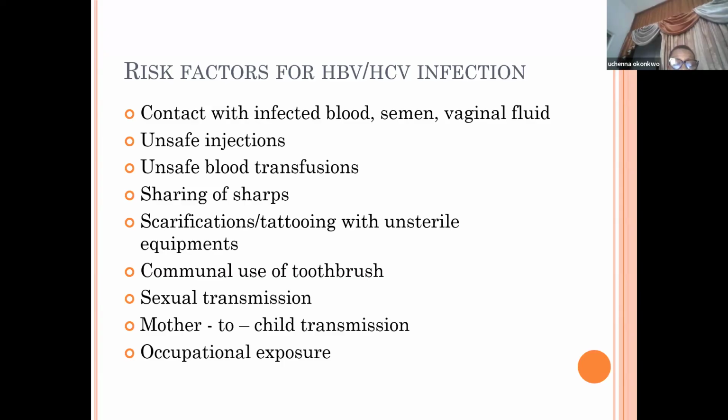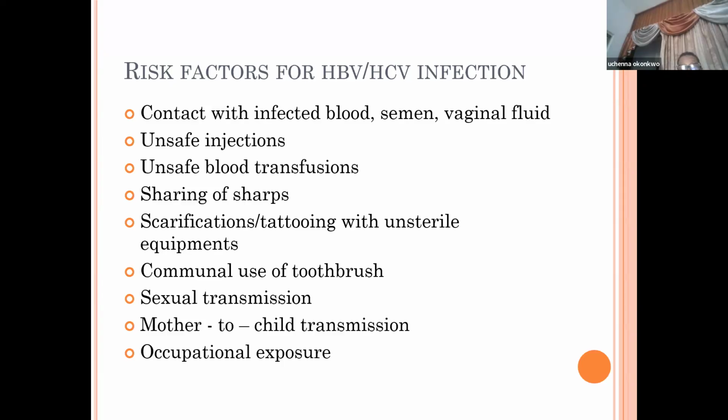I really wanted to point out this communal use of toothbrush. It seems to be a problem with rural dwellers in Nigeria. Most of the studies have pointed to this particular risk as a common means of horizontal transmission in rural communities in Nigeria and some other African countries.